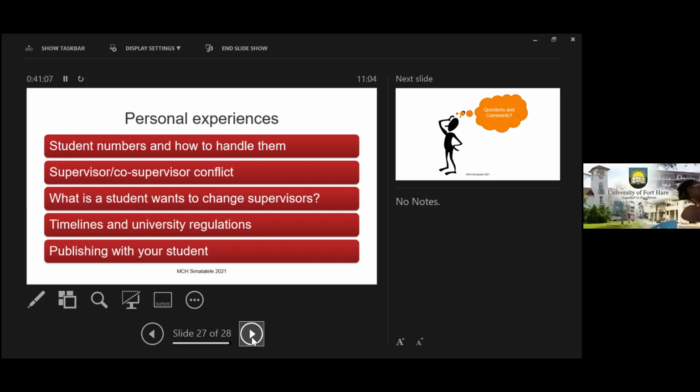There's a space at the bottom which names who the main supervisor is, what percentage or proportion of the supervision load is going to belong to the main supervisor and which will belong to the rest of the supervisors on the team. And because you are the main supervisor, at the end of the day, you take the major decisions. So that is very important.